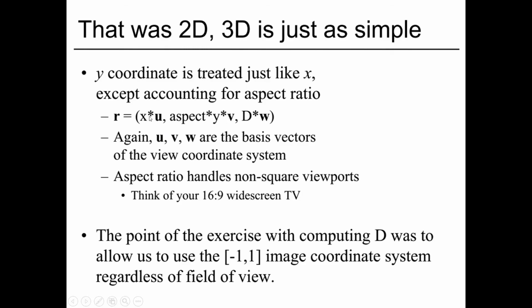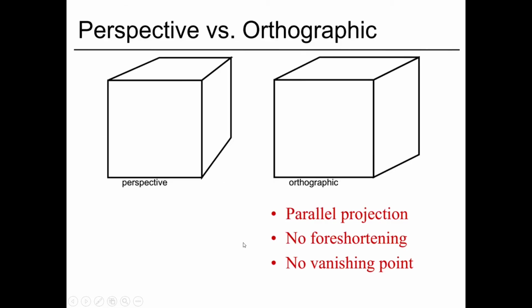Since we already know x times u and d times w will come, we only need to know the aspect ratio, one more quantity, and all the other quantities will also be known. So this particular exercise for computing d was to show how the normalized -1 to 1 image coordinate system will work regardless of the field of view.